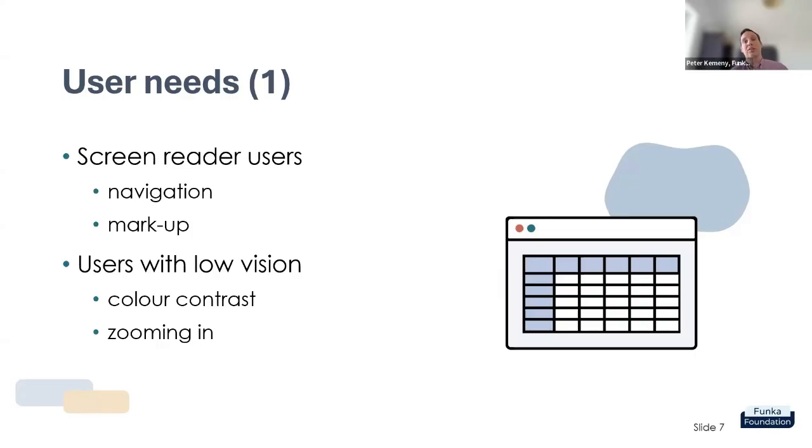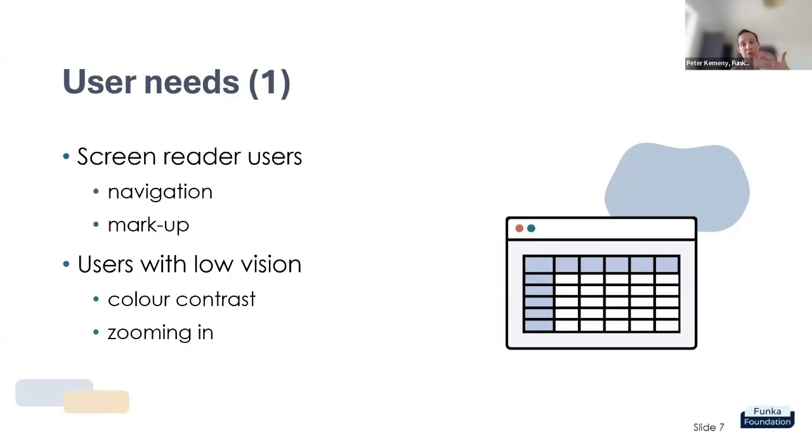Another group is users with low vision who might not use screen readers. They need the colors used in a table to have the right contrast, so the text against the background, or if there's shading as well, it should keep the text readable. And it is important to say that it's good to use colors. It's good to mark up, for example, the first row and the first column of a table with shading, so that the user can see that those are the headers.